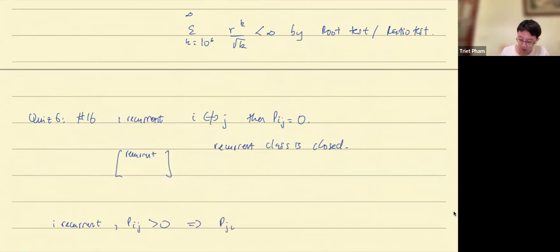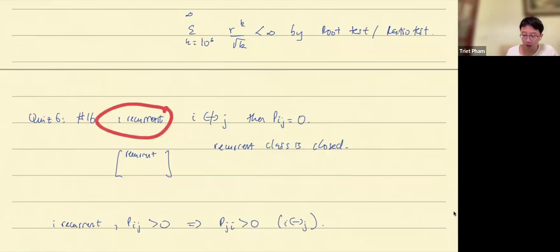That means you must be able to go from j to i, which of course means i and j communicate. So therefore it will be the contrapositive. If you have a recurrent state and you can go to another state, you can be very sure that you have to go back to i somehow, which makes it into a class.